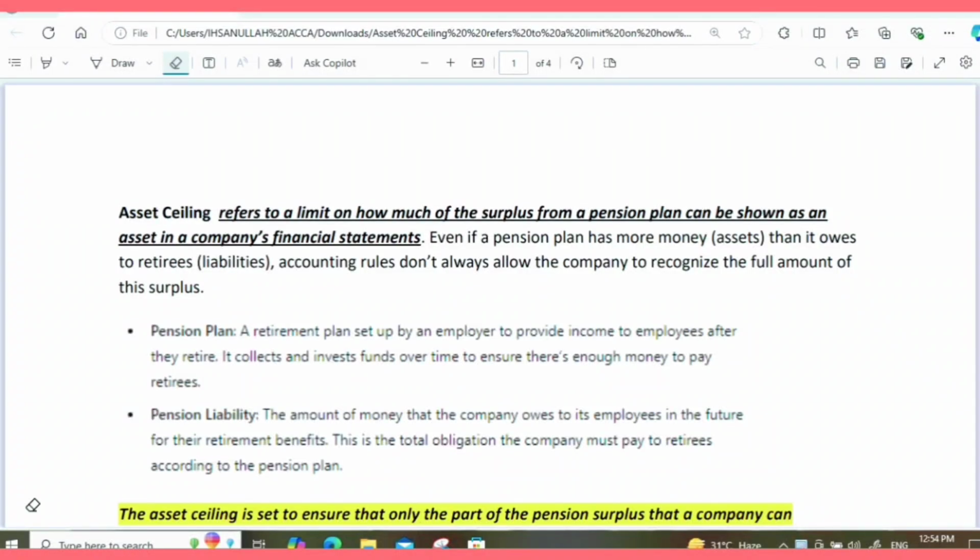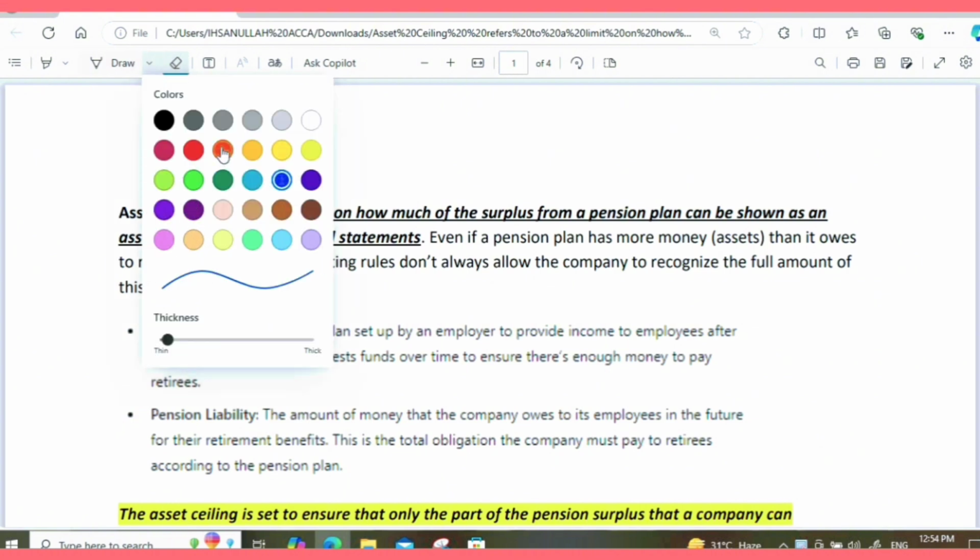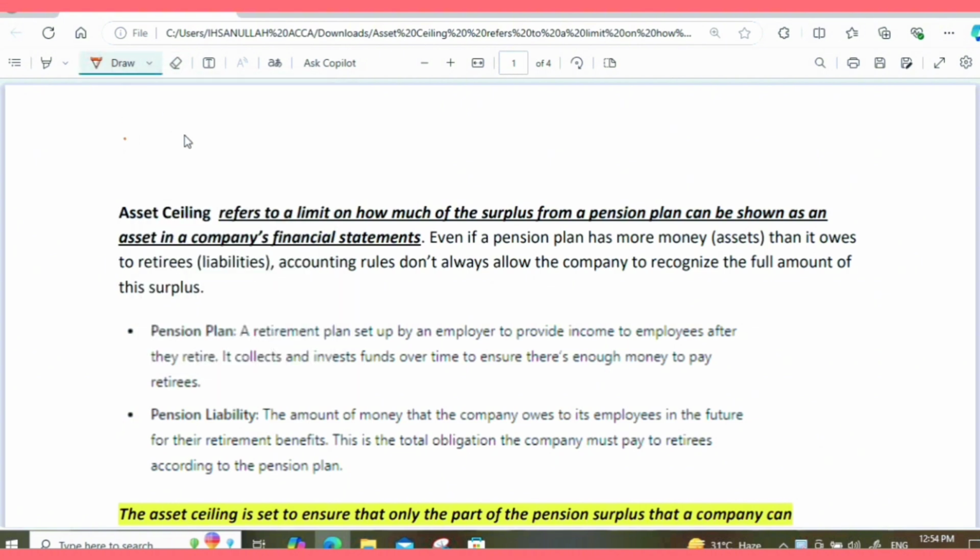Welcome. Today we have to discuss a very interesting topic, and that is called asset ceiling.